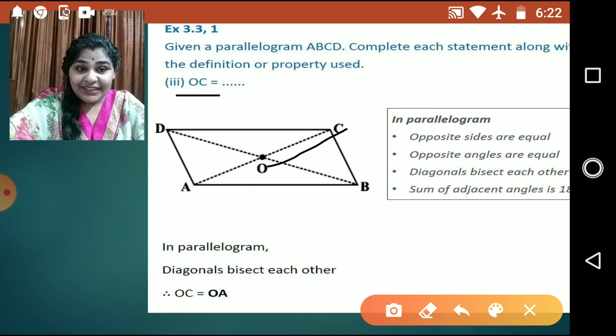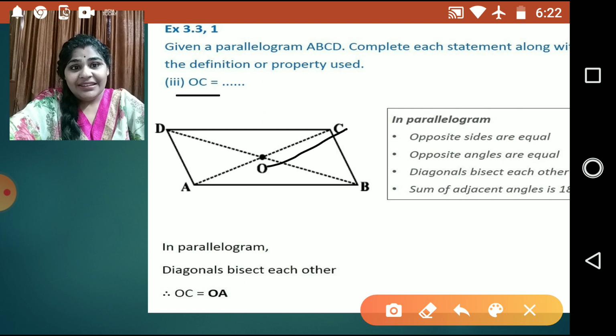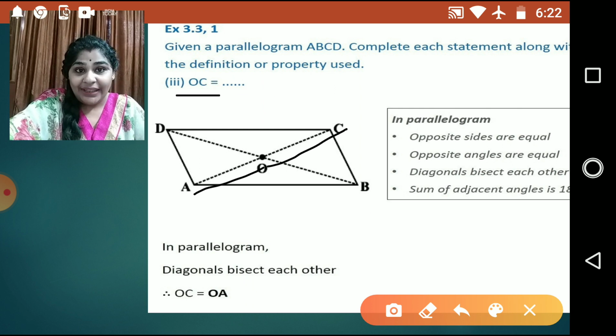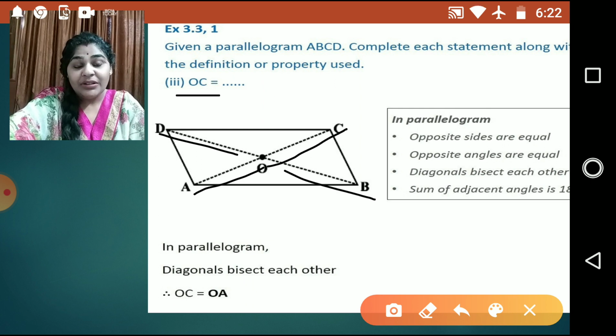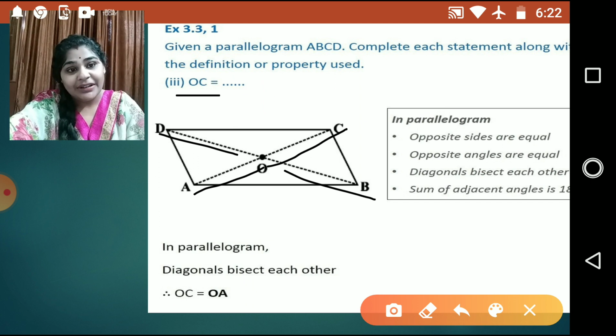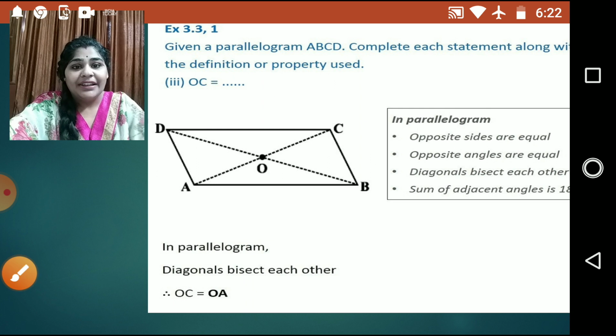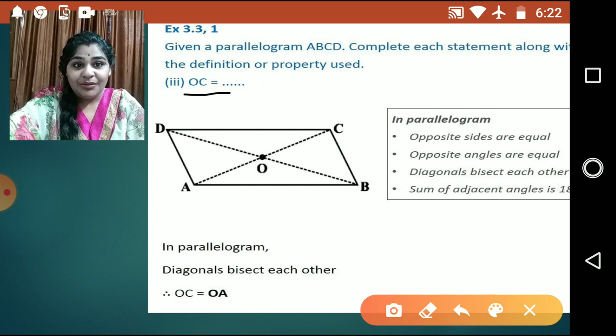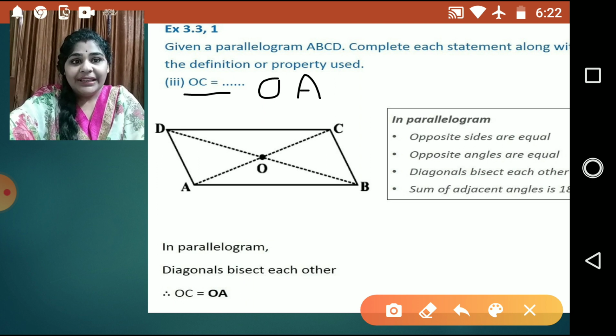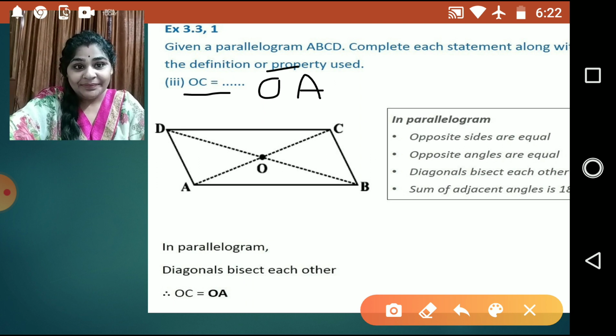If they bisect, then OC is equal to OA, and DO will also be equal to OB. The diagonals are bisecting each other. Bisecting means dividing into two equal parts, right? This we have already studied. Hence I can complete my statement that segment OC is equal to segment OA.